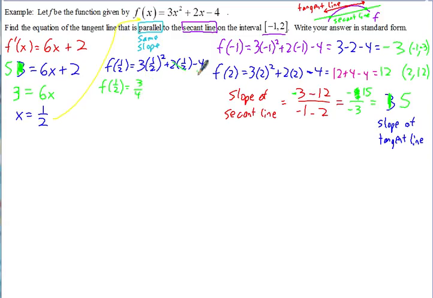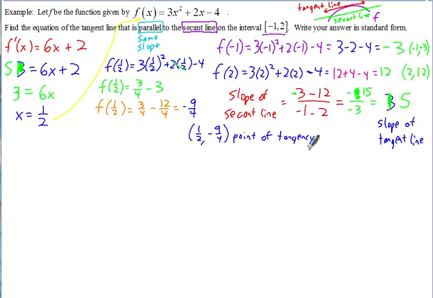These cancel, so just 1 minus 4 is negative 3. 3/4 minus 3 is the same as 3/4 minus 12/4, which gives you negative 9/4. So now we know that 1/2, negative 9/4 is our point of tangency.